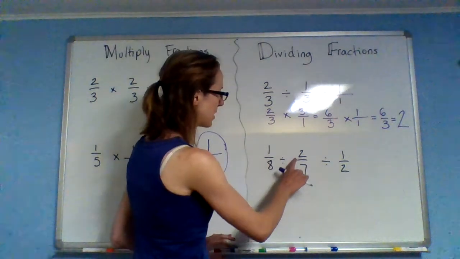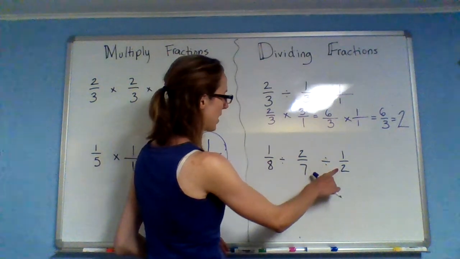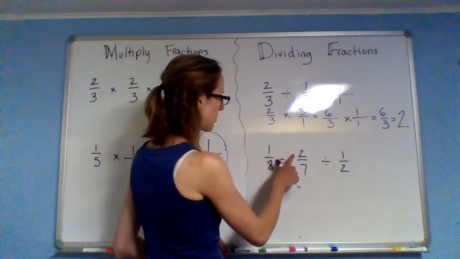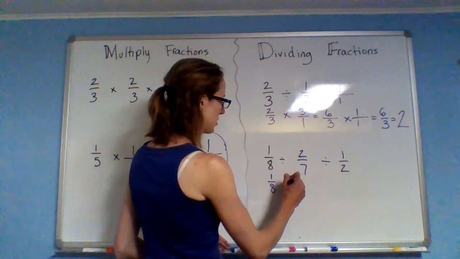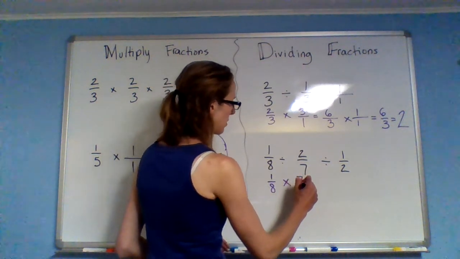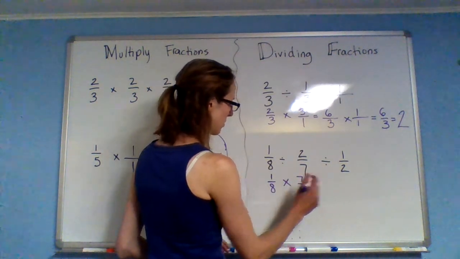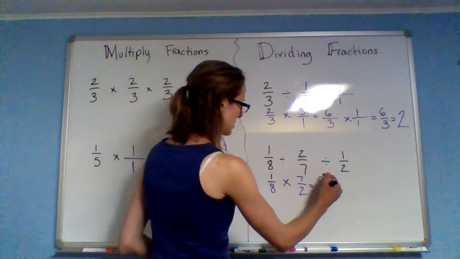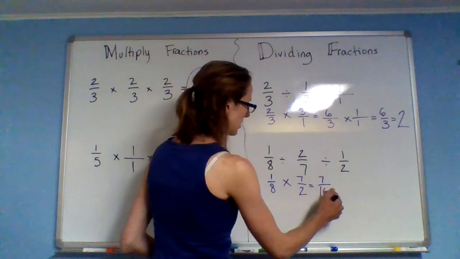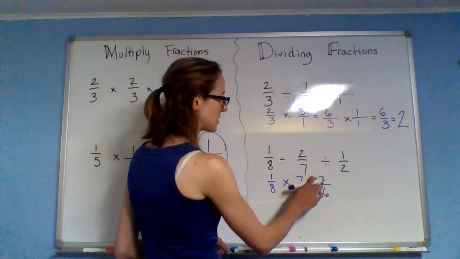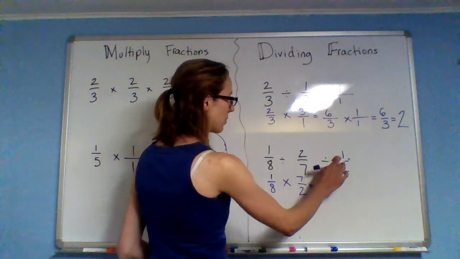1/8 divided by 2/7 divided by 1/2. 1/8 divided by 2/7. Let's start there. Keep, change, flip. 1 times 7 is 7. 8 times 2 is 16. Now I would be doing 7/16 divided by 1/2.